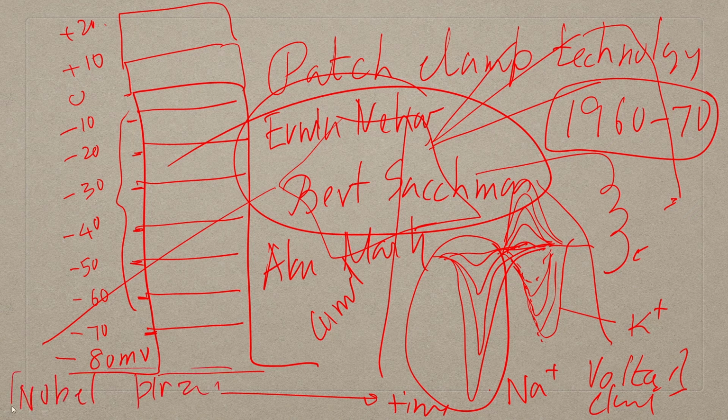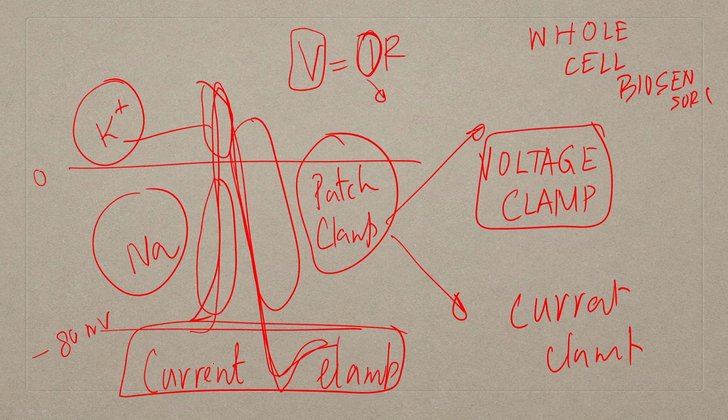It changed the whole field, because prior to that, it was not possible to get these values. We were explaining the whole action potential, but to measure the sodium current and potassium current separately, and their polarity and directionality, was not feasible.